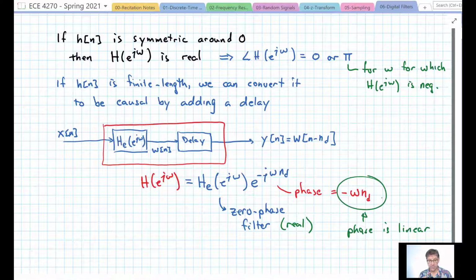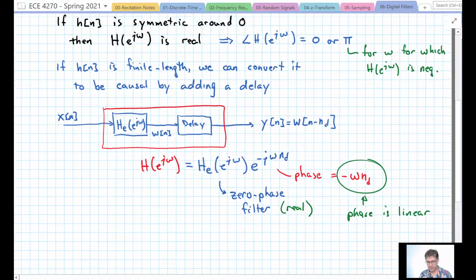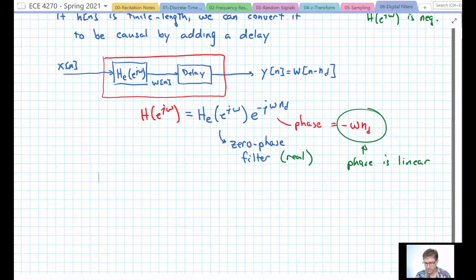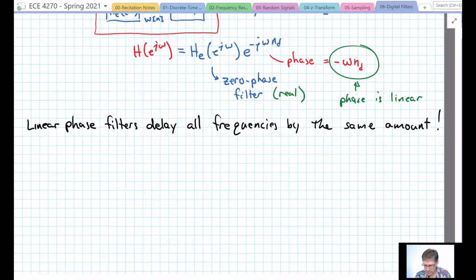It's just negative n_d times omega. So we call this a linear phase filter, as opposed to the zero phase filter, which was symmetric. And the advantage of a linear phase filter is it is a symmetric filter that has simply been delayed. Now, a key to linear phase filters is that they delay all frequencies by the same amount.